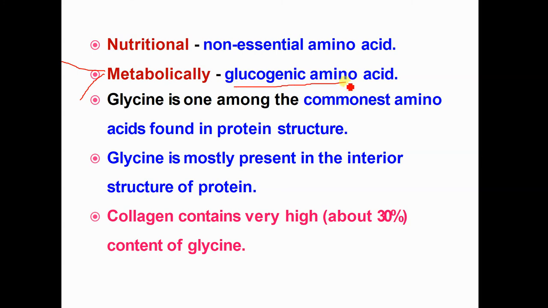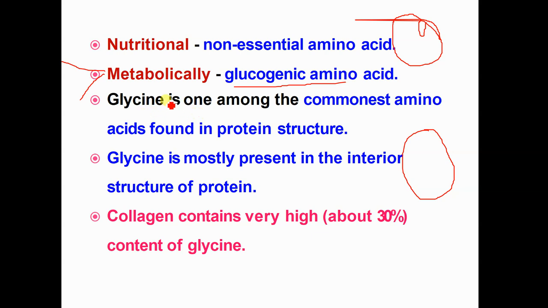Glucogenic means they may increase the glucose load, if they are entering into the TCA cycle, by means of acetyl CoA, pyruvate, succinyl CoA or alpha ketoglutarate. So all these increase your glucose, and they are called glucogenic. If they are converting into acetyl CoA, then they are known as ketogenic amino acids.